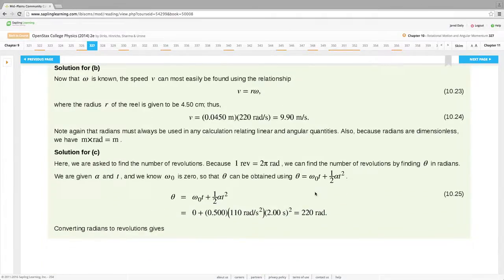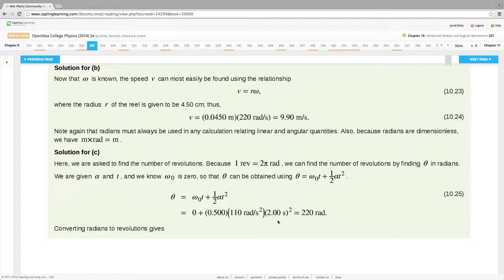And then in part C, we want to find the number of revolutions. The number of revolutions is determined by the amount of angle that it goes through. For every 2 pi radians of rotation, you get 1 revolution. So the final theta is equal to initial theta, which is 0 in this case, plus the initial omega times t, which is also 0 because the initial omega is 0, plus 1/2 times alpha, your angular acceleration, times time squared.